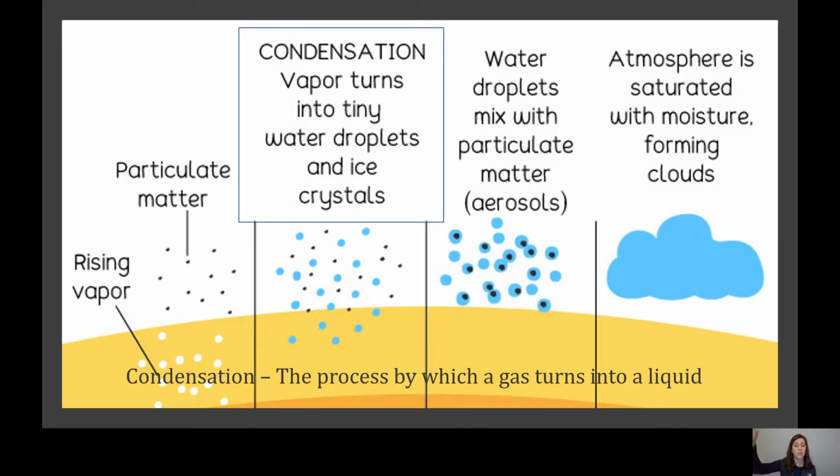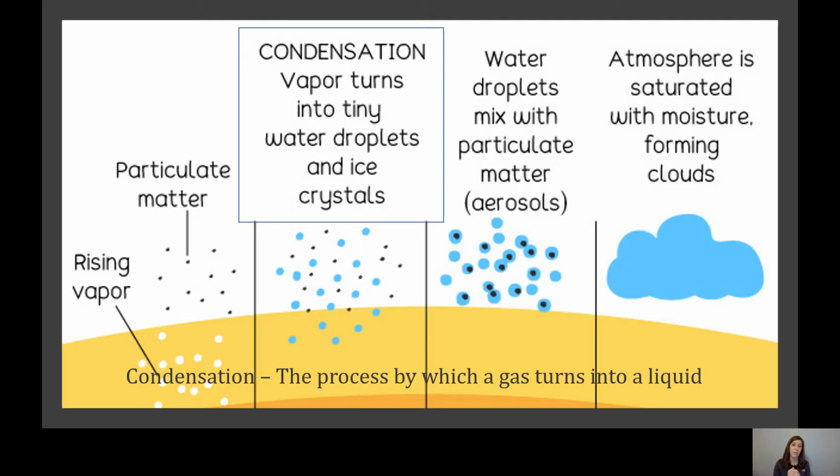Or what forms on the window and drips down, or on the mirror when the bathroom mirror fogs up and you say, oh, there's a lot of condensation on the mirror. Well, all of that has formed by the process of condensation, but what we really mean in science when we talk about condensation is a condensing, a bringing together.